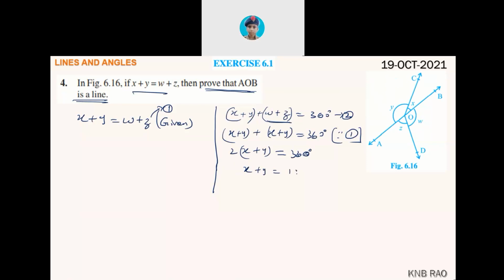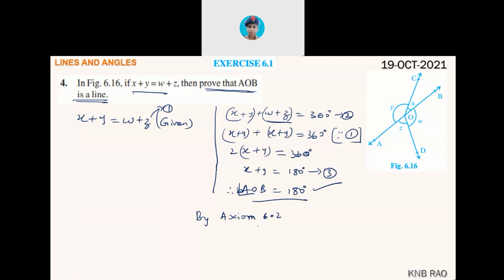Hence x plus y, AOB is a line, equals 180 degrees. You know that is algebraic simplification. This is third. Now, if the sum of two adjacent angles is 180 degrees, then it is a line, sir. So see, you need to understand axioms and remember those statements.